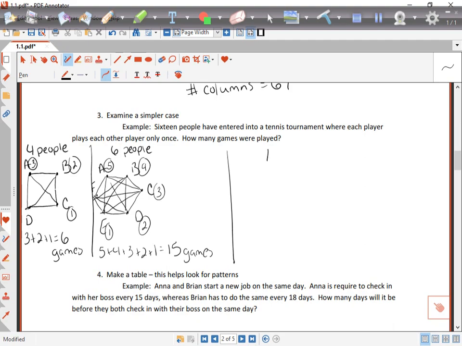So for 16 people, we would start at 15 and add on down all the way to 1.